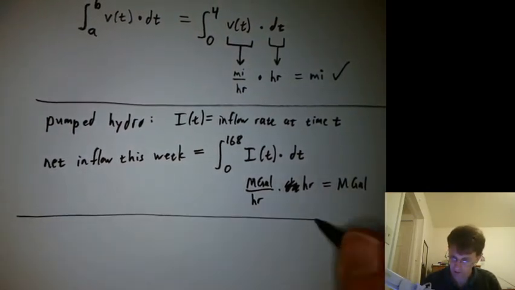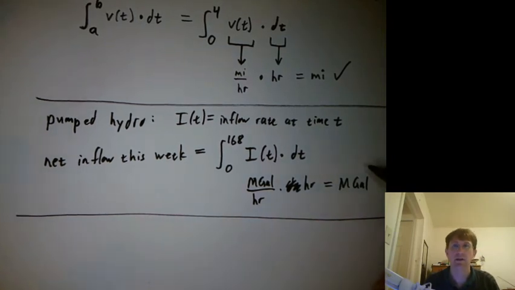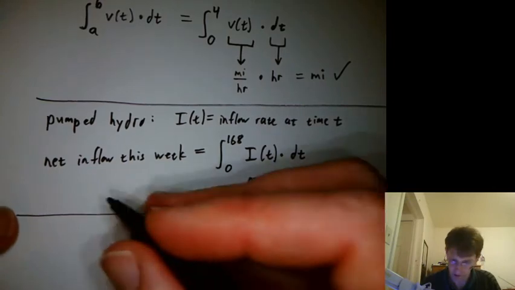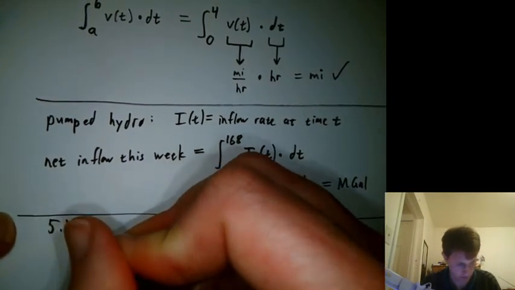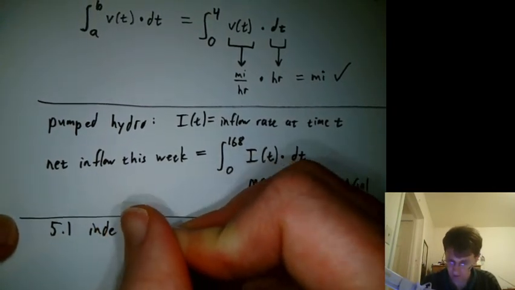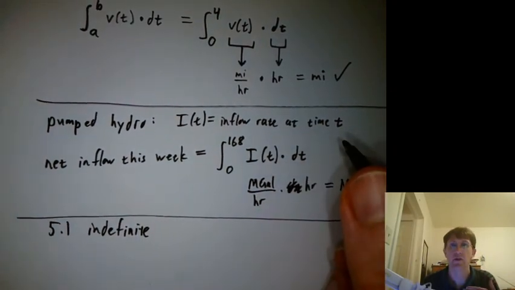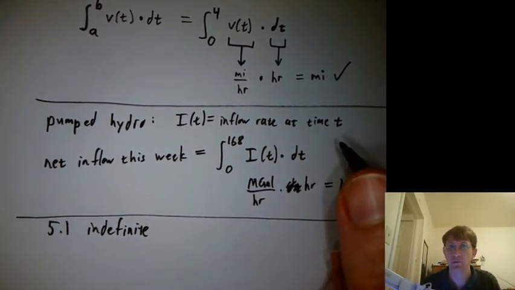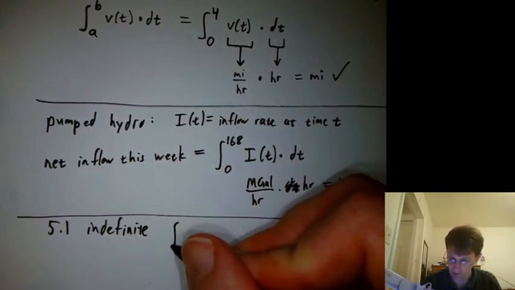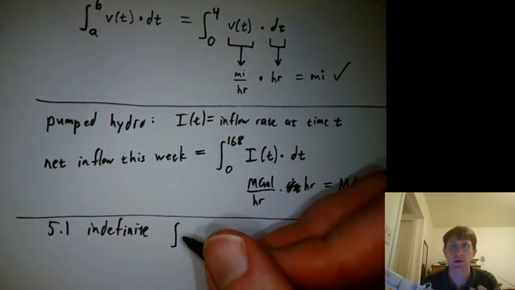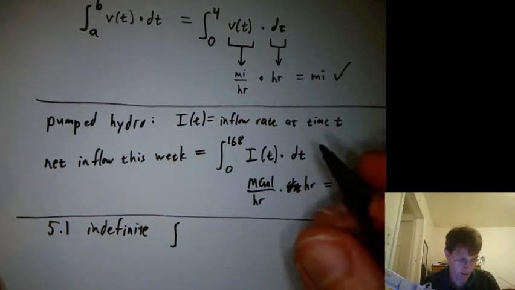So another way to say the distinction between chapter 5.1 and 5.2 is that 5.1 had indefinite integrals. So indefinite is kind of like, this is going to go on for an indefinite amount of time. That's a way of thinking about it without a known stopping point, or starting point in this case.